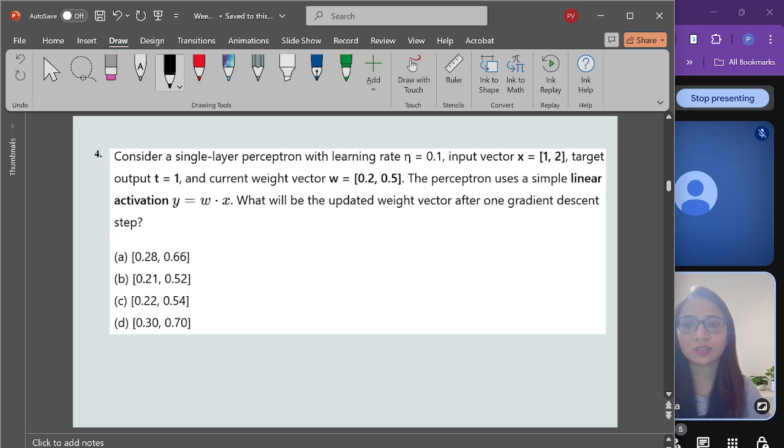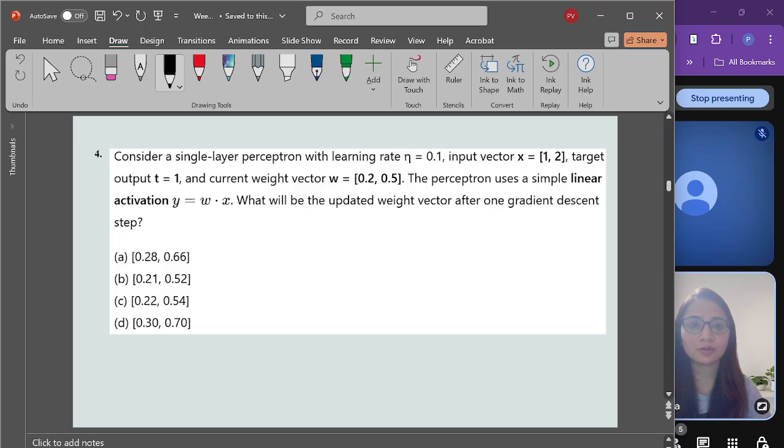Our next question is: consider a single layer perceptron with learning rate eta equal to 0.1, input vector x is 1, 2, target output given as t equal to 1, and current weight vector w given as 0.2 and 0.5.